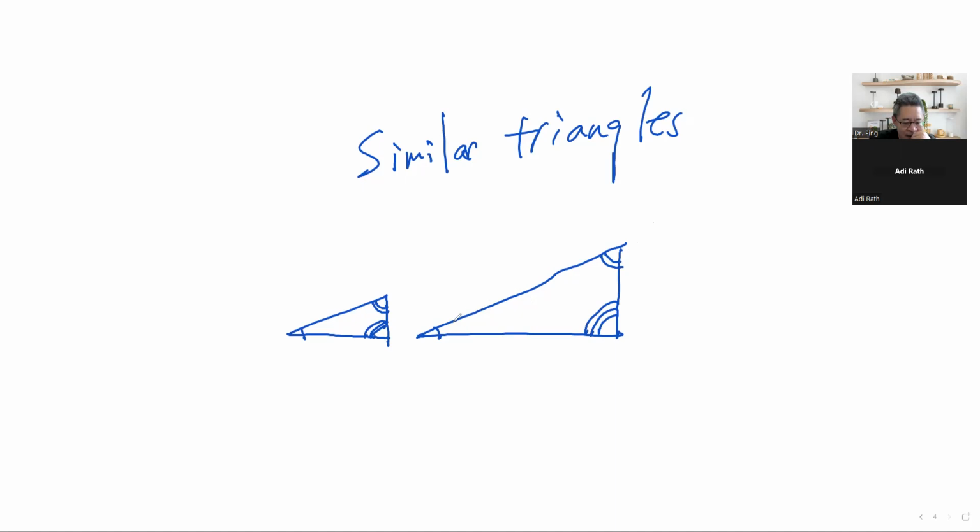You can think of this triangle as a scaled up version of this. This is triangle A, triangle B. So B is a scaled up version of A, or you can say A is a scaled down version of B. And the property is that the ratio is the same.